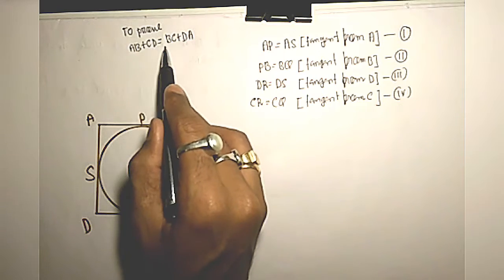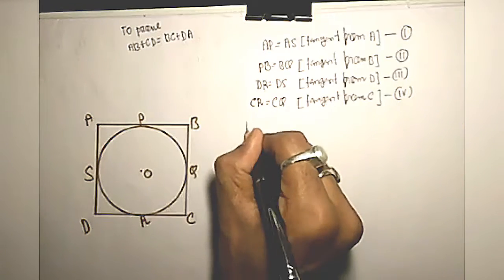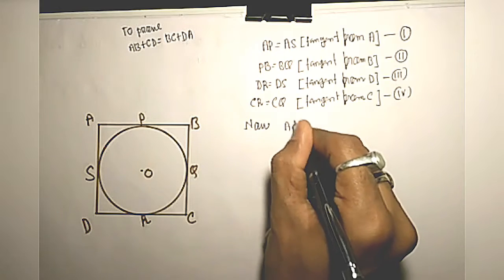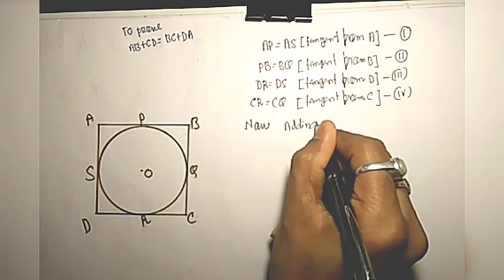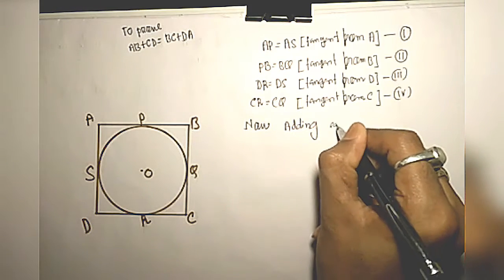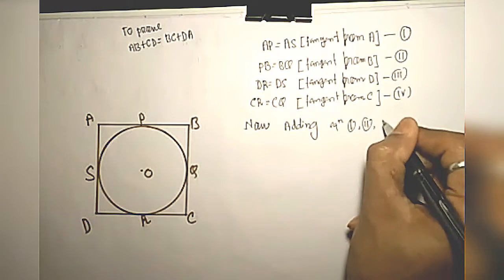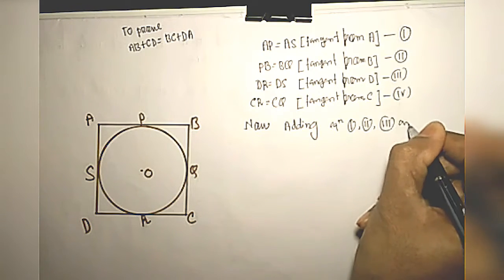To prove AB plus CD equals BC plus DA, now adding equations 1, 2, 3 and 4.